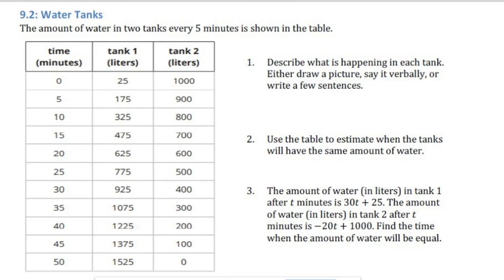So our next situation here, 9.2, we have water tanks. It says the amount of water in 2 tanks every 5 minutes is shown in the table. So each of my rows shows a 5-minute change.